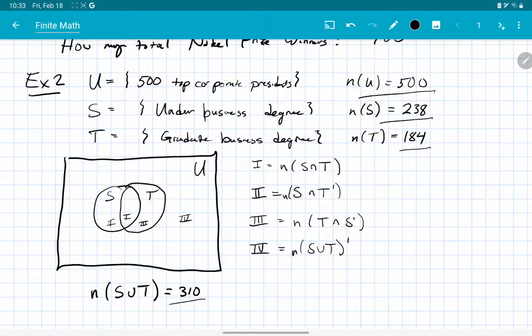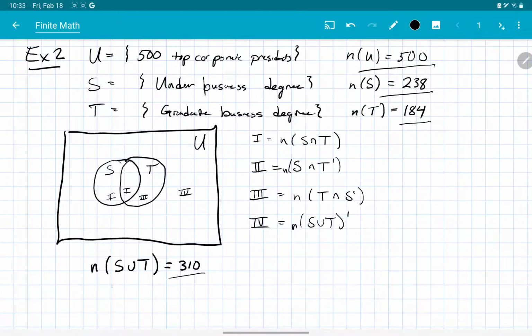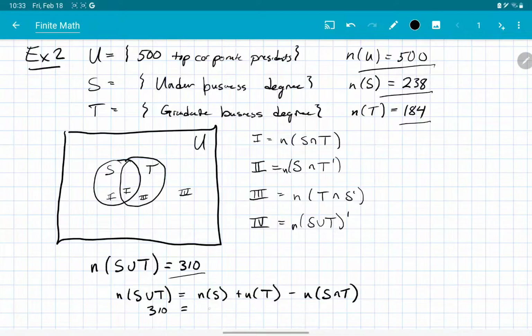Now, if you remember, there was this law that we studied that says the number of things in S union T is the number of things in S plus the number of things in T minus the number of things in S intersect T. This inclusion-exclusion principle. We know 3 of those 4 numbers, so we can find the 4th using algebra. S union T, we were told, is 310. S, we were told, is 238.